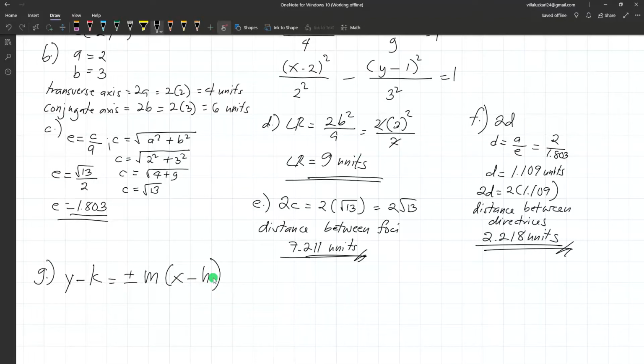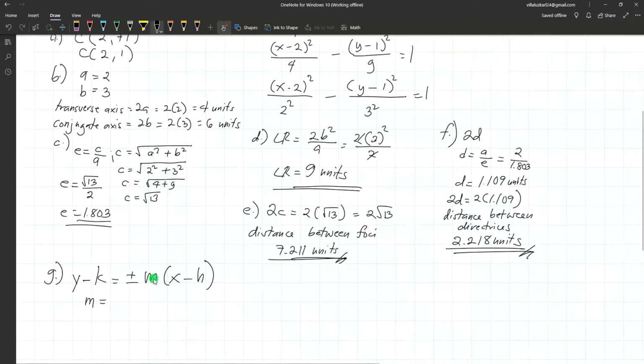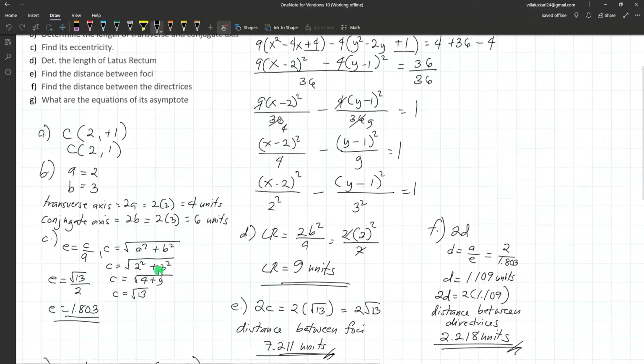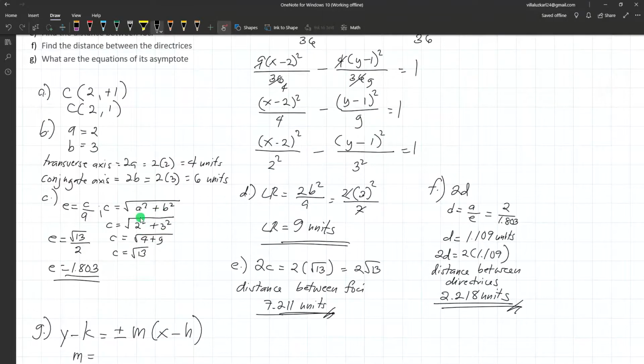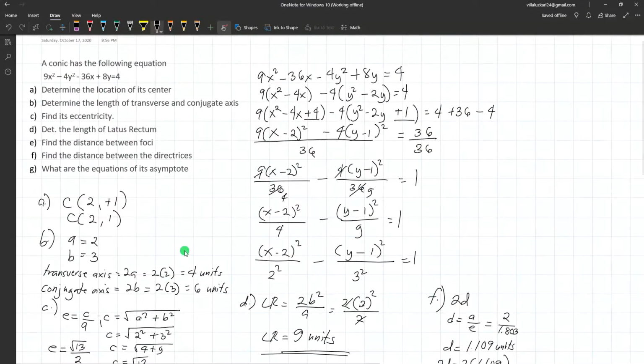For the value of m, basing again on the lecture, if it is along the horizontal and based on the equation that we formed, the transverse axis is along the horizontal since we have a positive x term. So this is b over a.